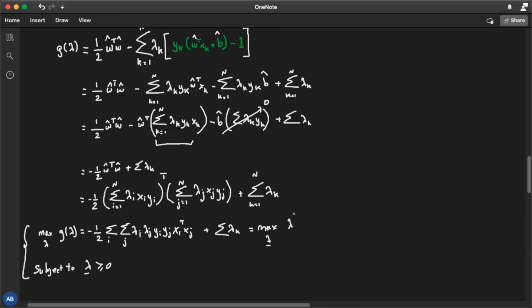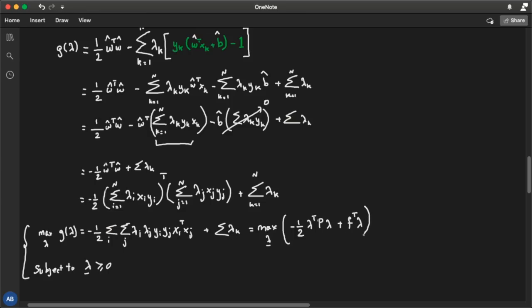We get a minus half lambda transpose P lambda, since we have a double sum for the quadratic term, plus this linear sum, which can be expressed as f transpose lambda.